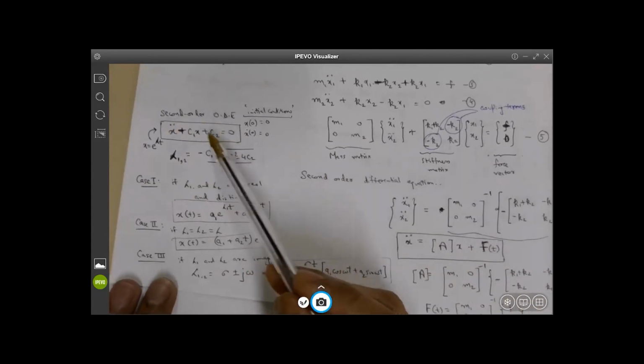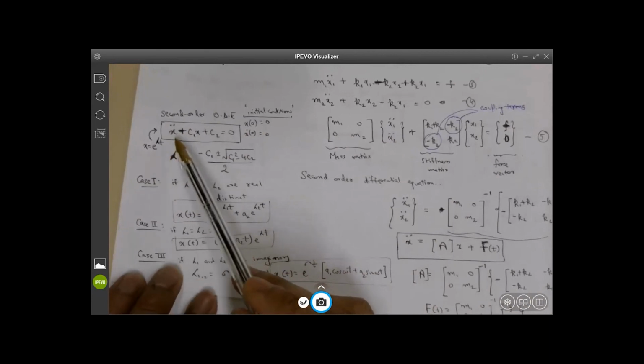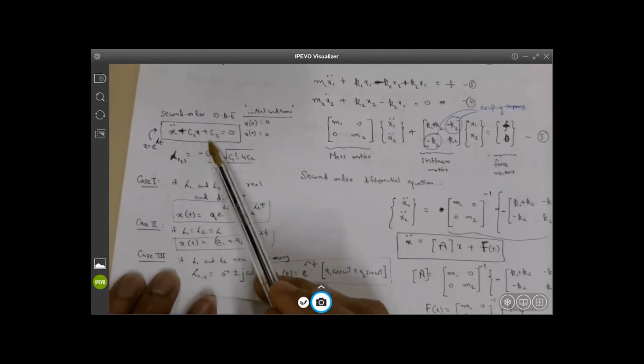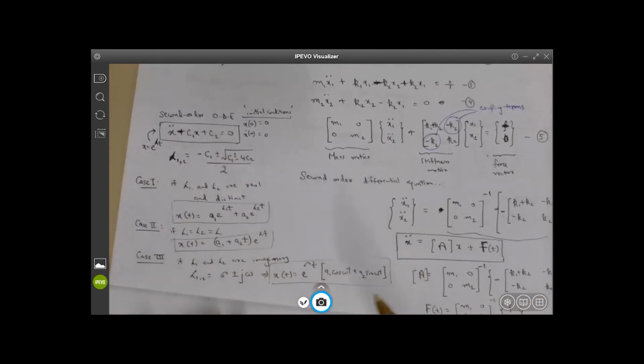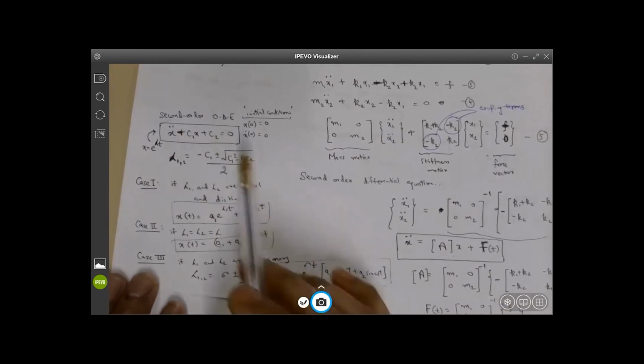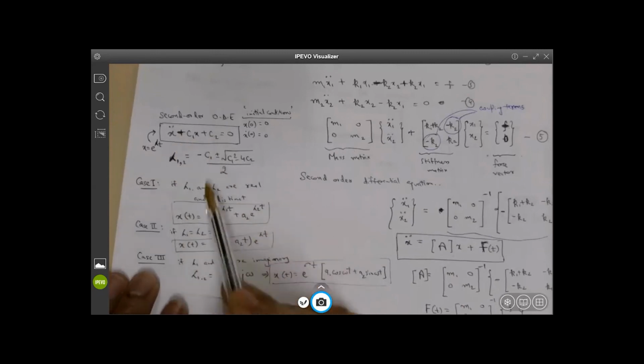If I have a second order ordinary differential equation in one variable, I know how to solve this. This is a solution methodology. If you have not taken 501, you can look at it and confirm that that is how it is solved. If you have already taken 501, you probably have gone through this.